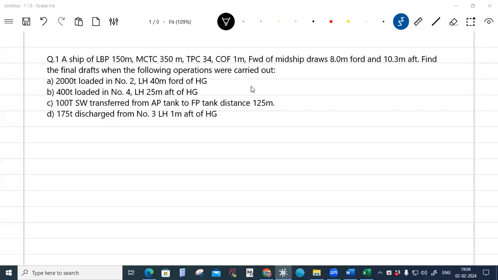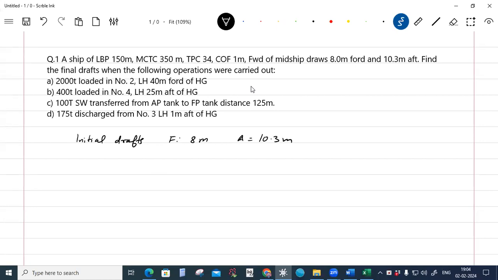All right. So a ship of LBP so and so, MCT, CTBC is given. Center of flotation 1 meter forward of midship. Initial drafts are given: forward 8 meter, aft 10.3 meter.